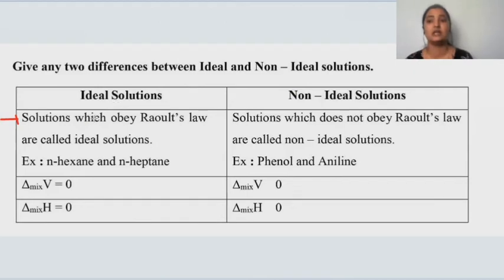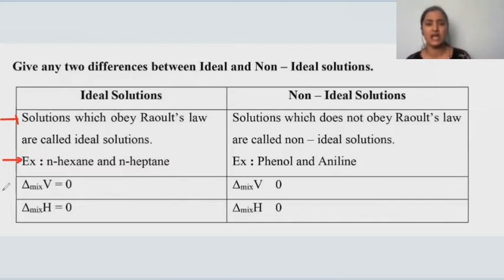Here those solutions which obey the Raoult's law are considered as ideal solutions. The example for an ideal solution here is N-hexane mixed with N-heptane. Here both the components are in the liquid state, and this is an example for an ideal solution which obeys the Raoult's law.